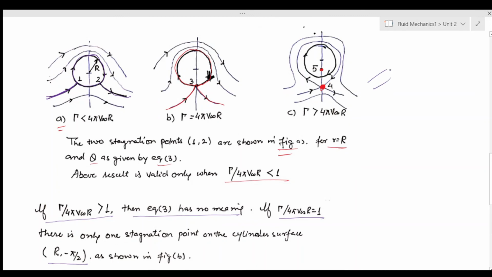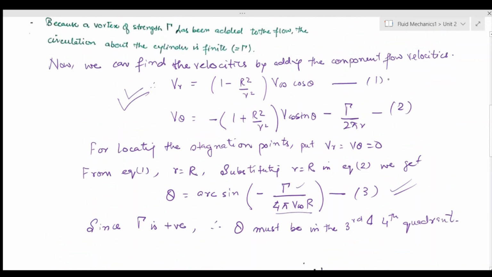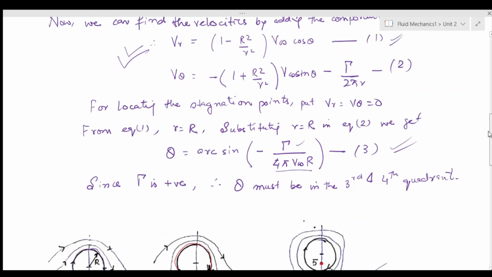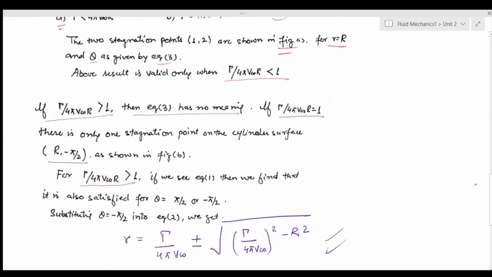The cases shown in figures A and B can be obtained from equation 3, but case C, which you are looking at here, makes equation 3 invalid, and that's why you need to go back to equation 1. From there you would get the value of theta as pi by 2 or minus pi by 2.